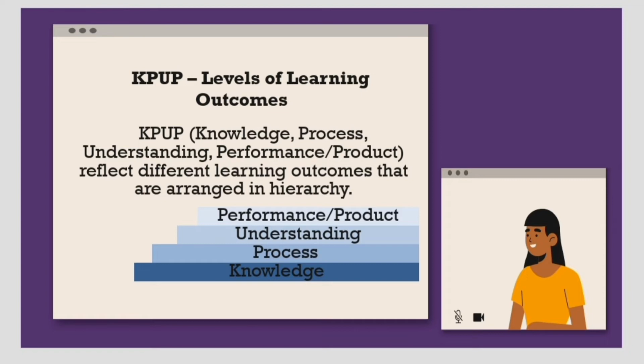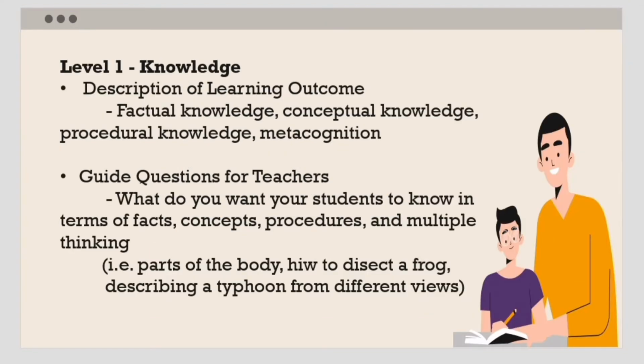So let us look how these learning outcomes are calibrated. So later on, we will find examples in how each level is assessed. So the first level of learning outcomes targets factual, conceptual, and procedural knowledge and metacognition. So in assessing this level of learning outcomes, think about what you want your students to know.